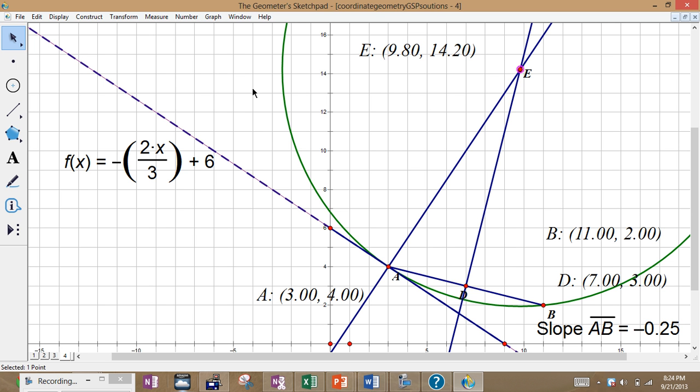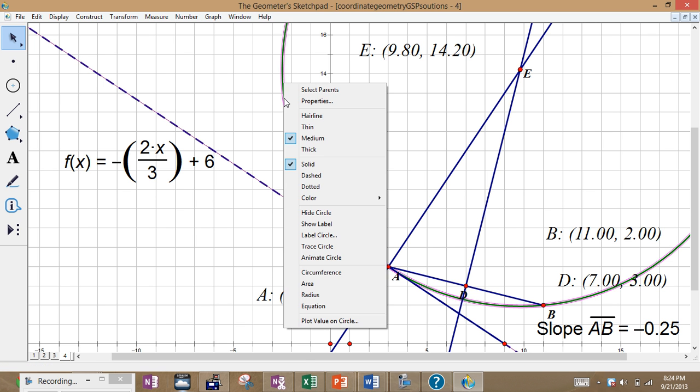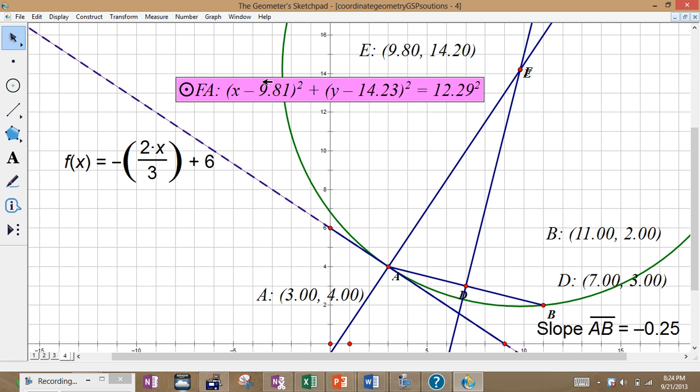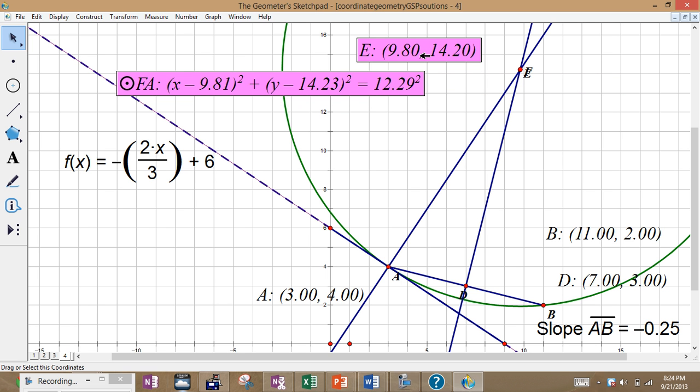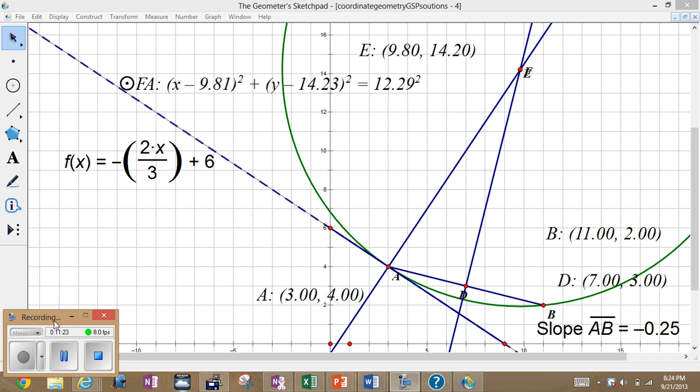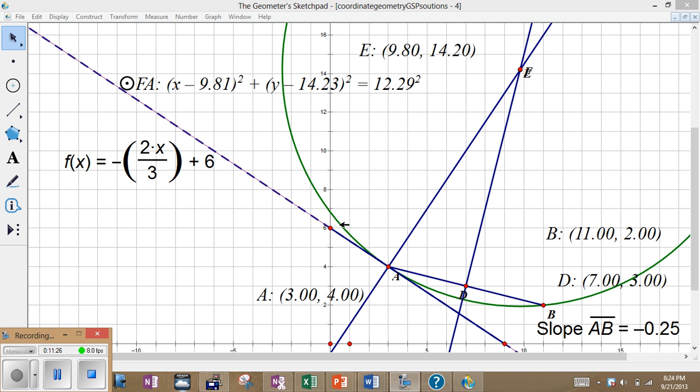And of course, what I'd like to know is the equation of that circle. It's the equation of the circle that goes through that point and contains 3, 4, and 11, 2. So as a collective approach to algebraically outlining what you have to do, we have to find the chord AB.